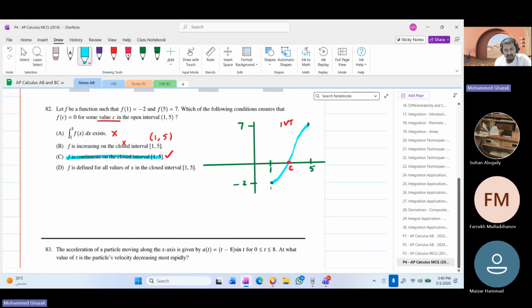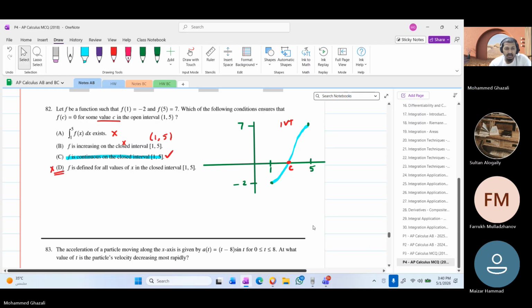What they're saying is there's a point that exists everywhere, which is not necessarily true. D is not even a condition of the intermediate value theorem. This one is a condition. You have to look at the condition in exact words.